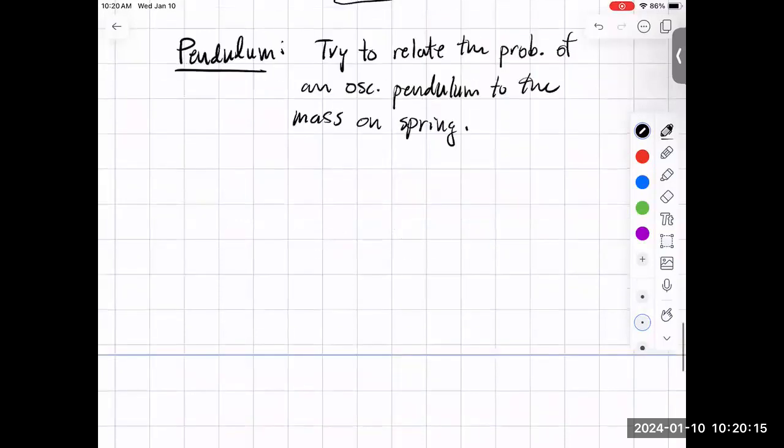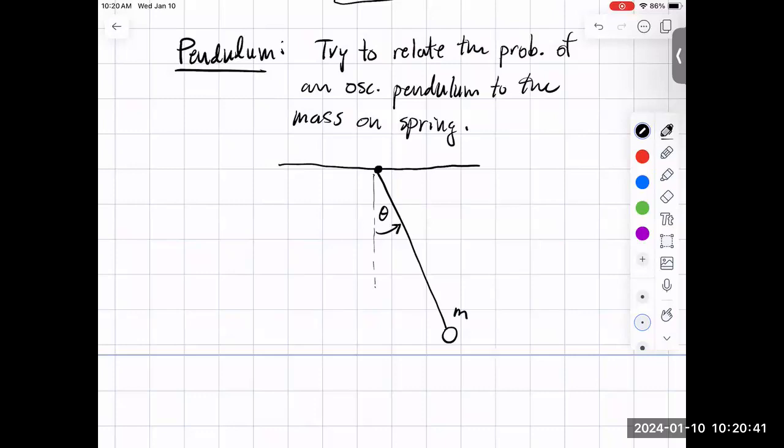And so for our pendulum, this will be like the ceiling, and then we'll have a little pivot, and we'll attach a string to that pivot. And at the end of the string, we'll have our mass M. And if I drop down a vertical reference line, we can identify an angle theta.